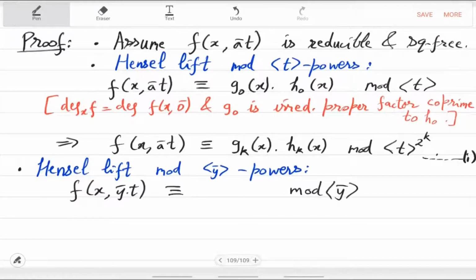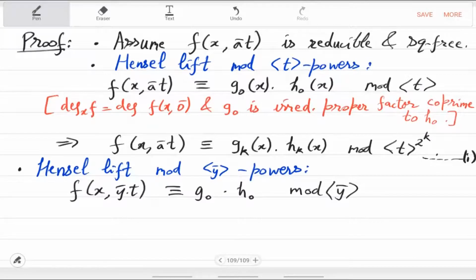So the amazing thing here is that mod t, mod y bar, it's the same starting point. Okay, so mod t you are looking at f(x, 0 bar), and here in the new setting also mod y bar you are looking at f(x, 0 bar). So it's the same starting point. So you can use G0 as before.